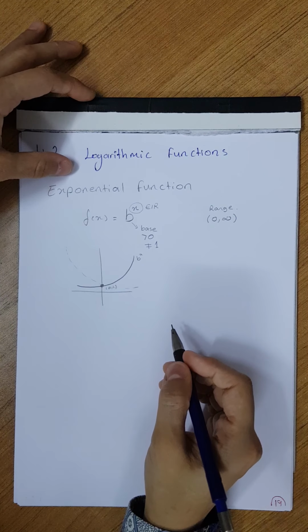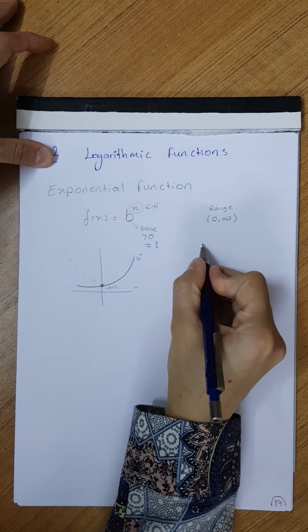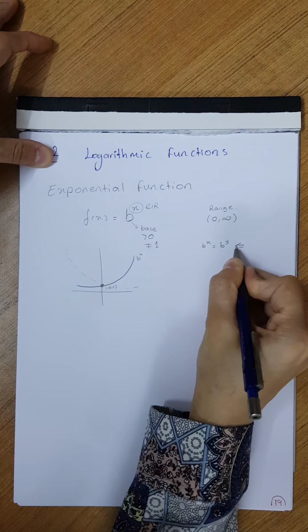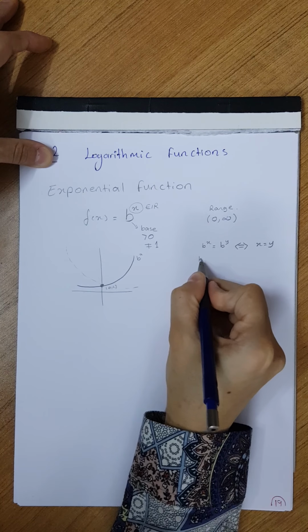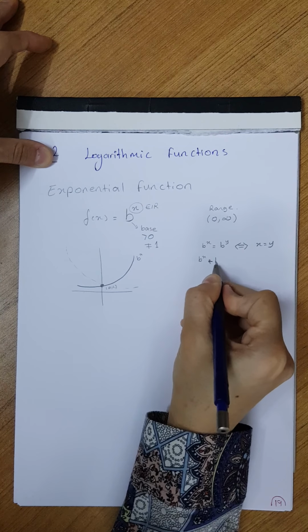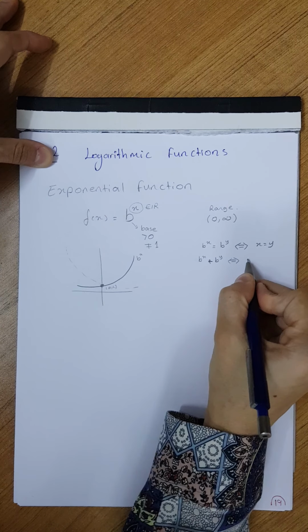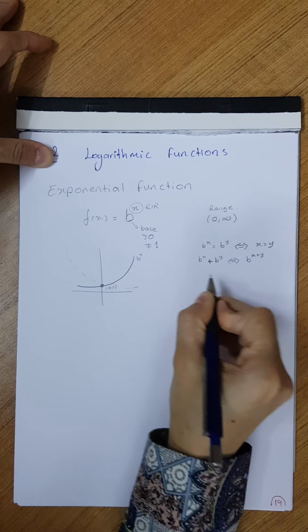We had some properties for exponential functions. We said if you have got b to the power of x, that's equal to b to the power of y, that is definitely true if and only if x is equal to y. If you've got b to the power of x multiplied by b to the power of y, we said that's true when the bases are equal to each other, the powers will add to each other.